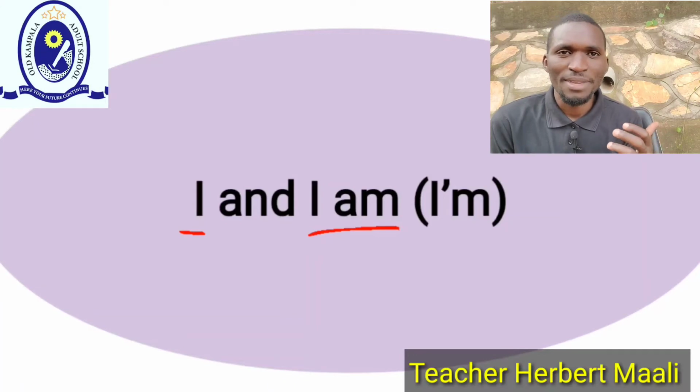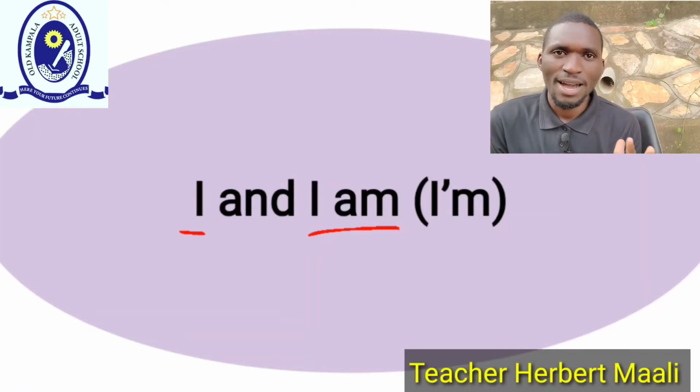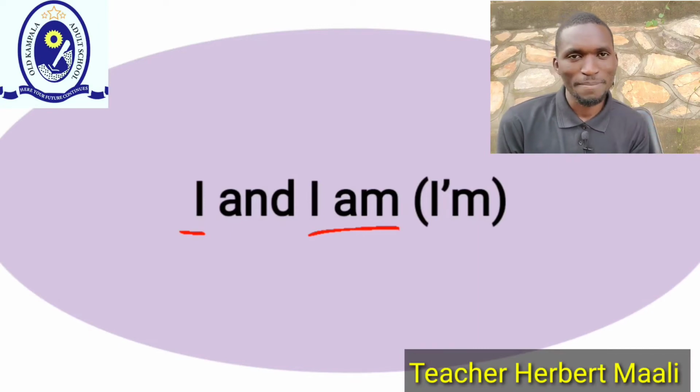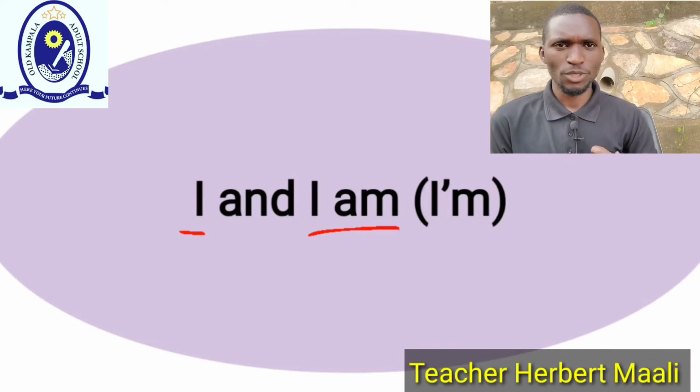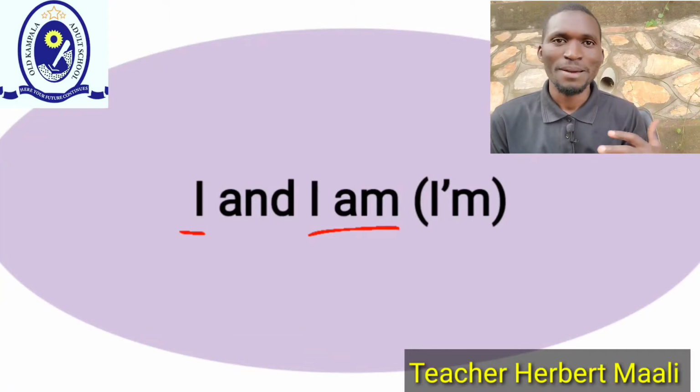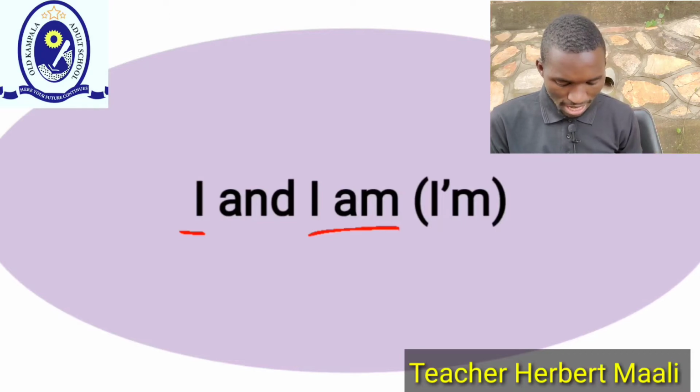So today I'm here to tell you how you can differentiate between "I" and "I am." Of course, they both talk about you. When you talk about yourself, you use "I." You can't say he, you can't say we. When you're talking about yourself, you must use "I." But today I want to show you how we use these two.